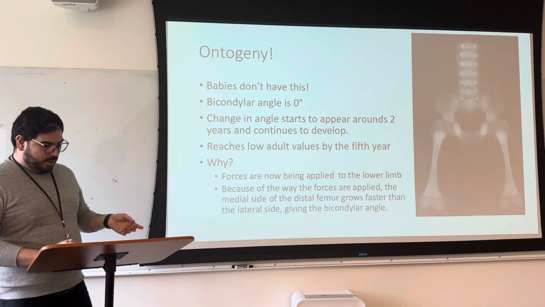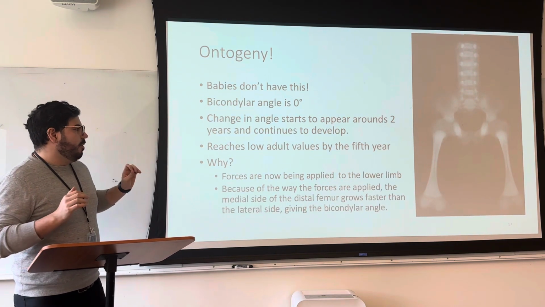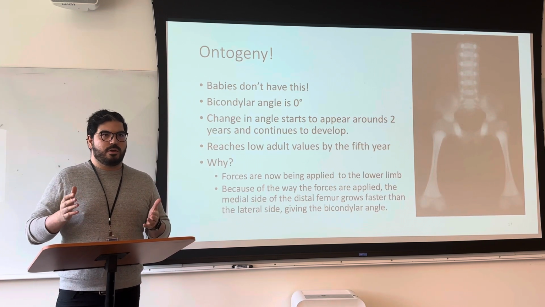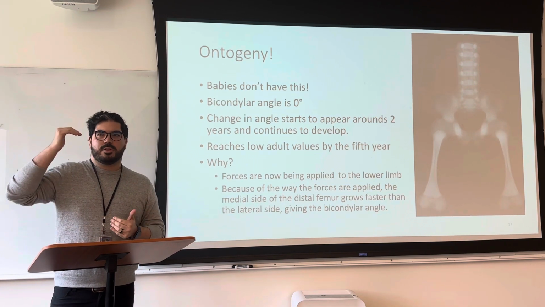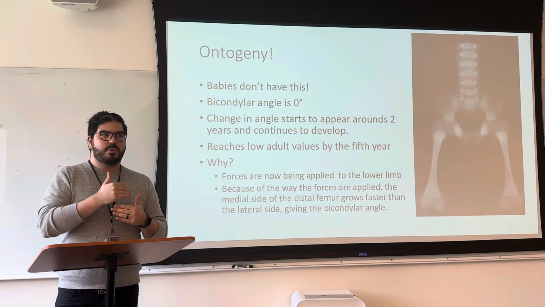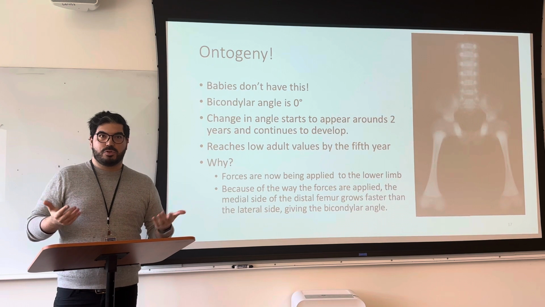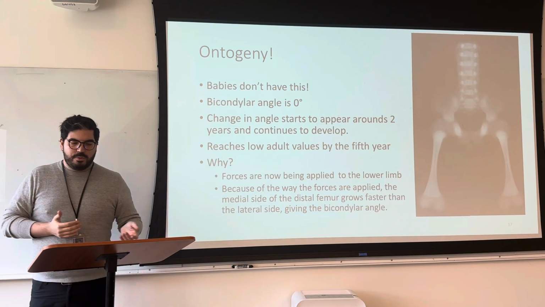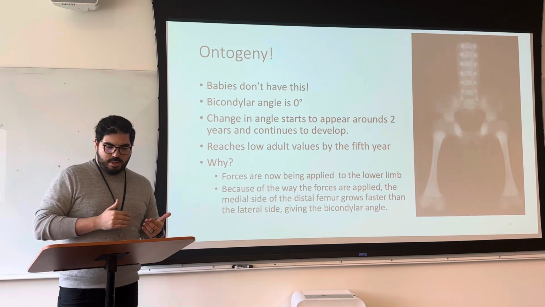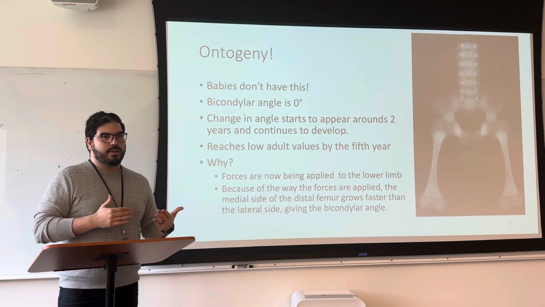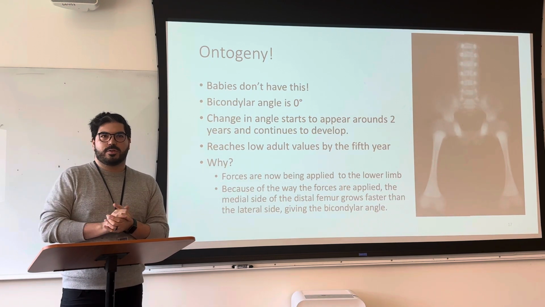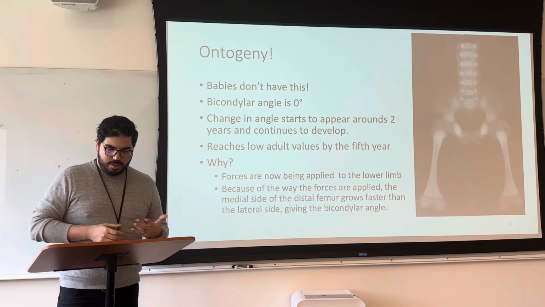The forces are helping develop bone growth and bone formation on the femur, right? As forces are applied in a certain way, bone needs to react to that. So it's going to start laying down bone to better distribute these forces. As a result, we see that the medial side of the distal portion of the femur starts growing faster. More bone is being laid down there, and that gives us the bicondylar angle. So that's how the bicondylar angle develops.